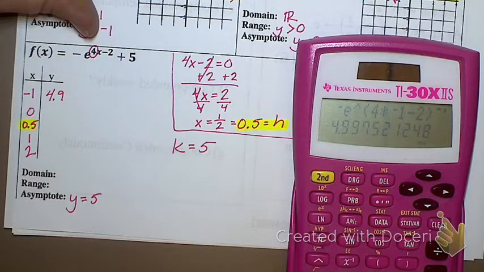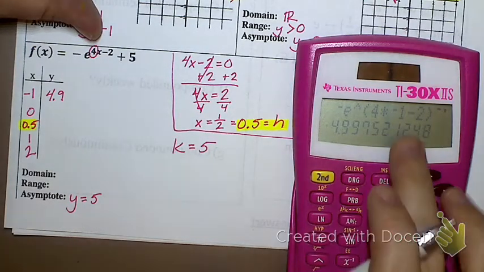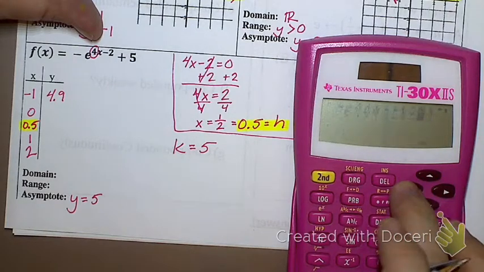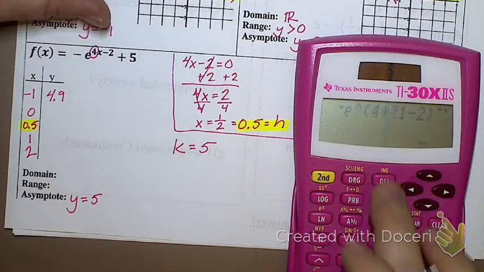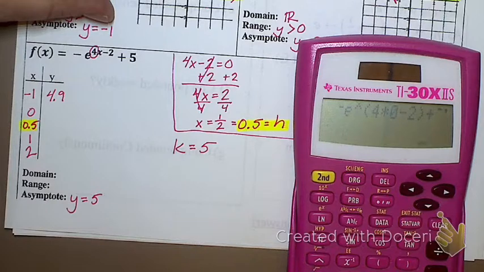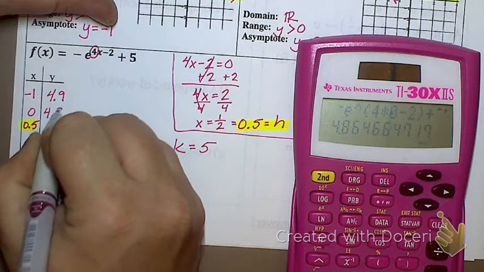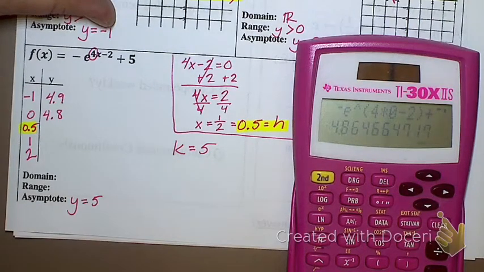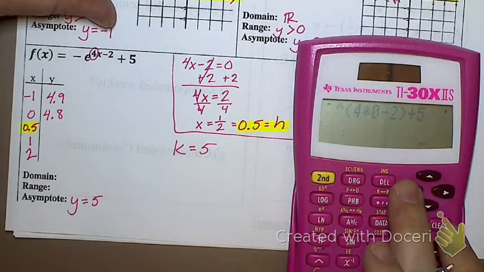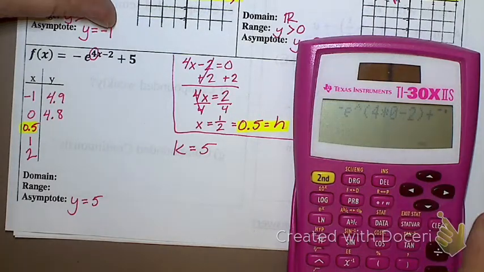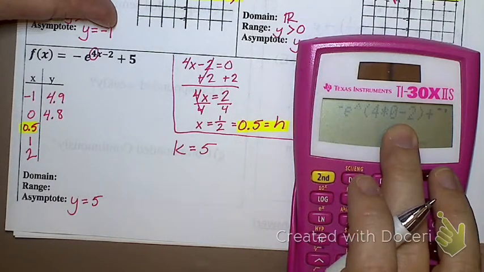Now what number do I need to change? The -1, I need to make it a what? 0. So I'm deleting that negative and then writing a 0. I get 4.86. I'm just going to call that 4.8. Now I change the 0 to a what? 0.5. Now if you have this calculator, you can't just start typing 0.5 here.